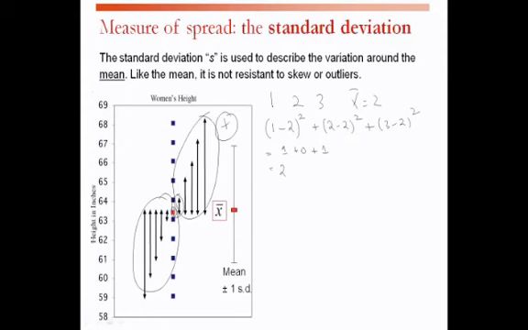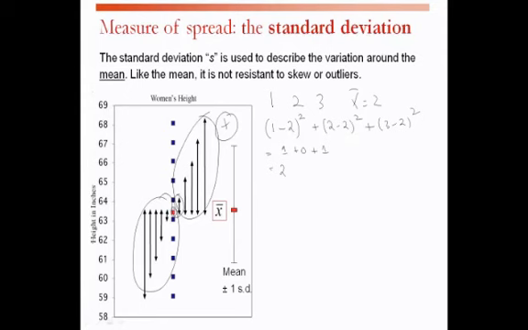Now, to calculate standard deviation, we have to go one more step. Would you agree that if instead of 3 numbers, I had 5 numbers, you will automatically get a bigger value most likely than 2? Because the more things you add, the more likely it's going to be bigger. So how do I know one set of data has a larger standard deviation than the other? The way we do that is to account for the number of items we have.